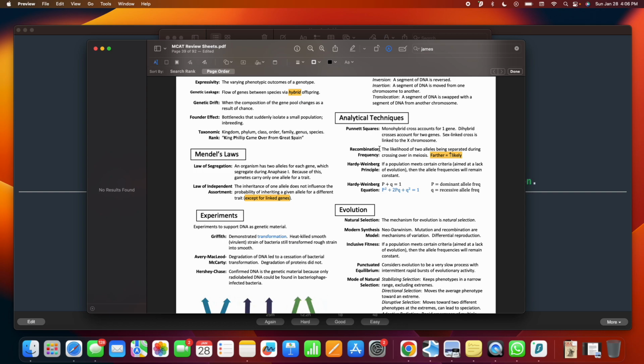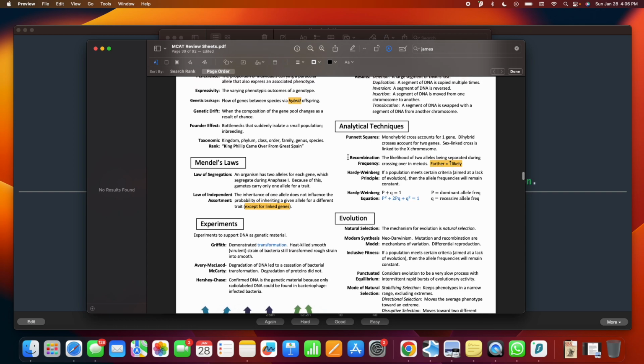So the probability of two alleles being separated during crossing over in meiosis, this is recombination frequency, and recombination, if you remember, was related to those two chromosomes, the chromatids having a chiasma and recombining, basically crossing over each other and exchanging their DNAs.